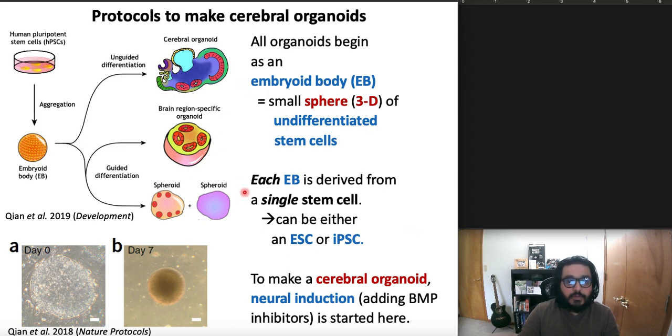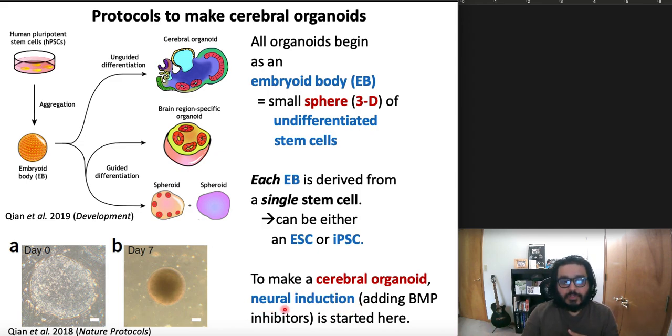Okay, so all the protocols we're going to be looking at start with an embryoid body, and then have some kind of neural induction protocol. What's interesting is that this is a very interesting source of debate or experimentation of what's the best type of protocol for induction, and what things you put in to induce can get you different kinds of phenotypes of cerebral organoids.